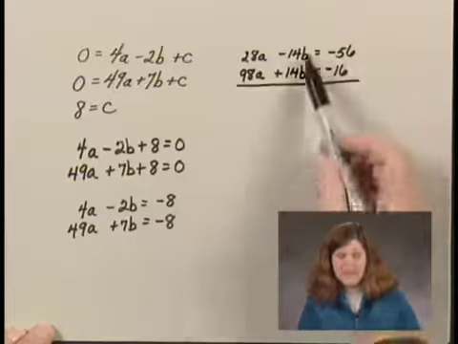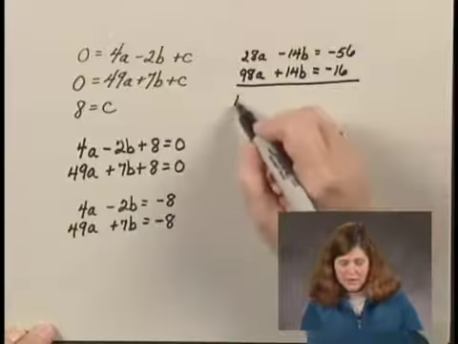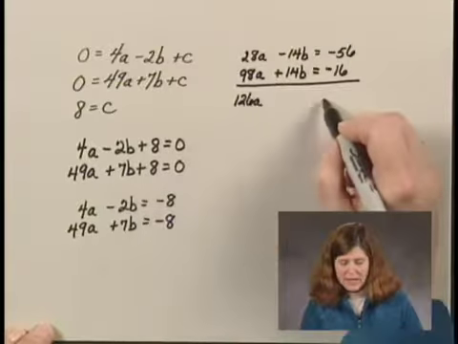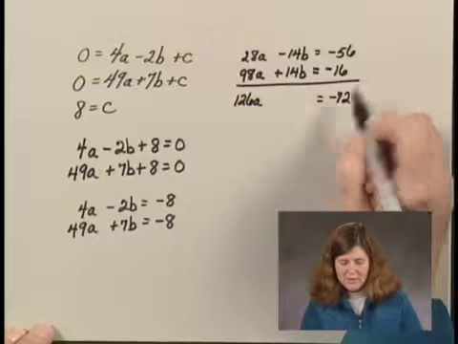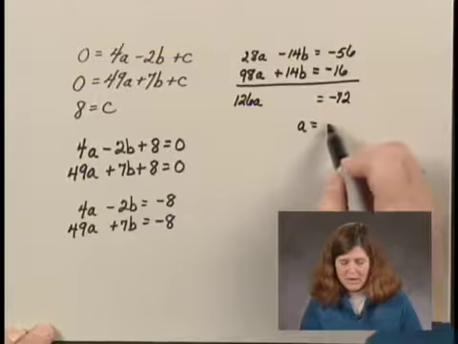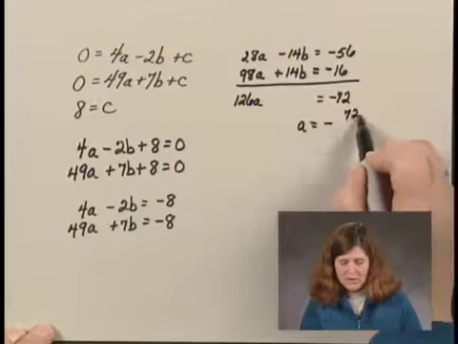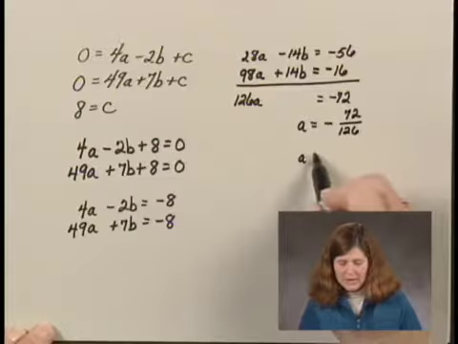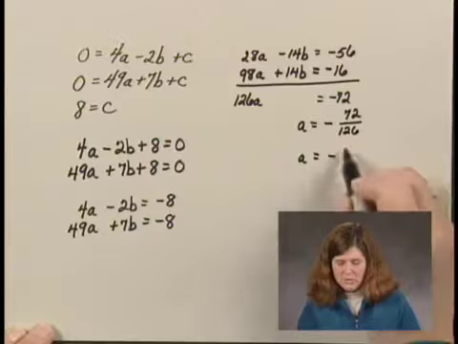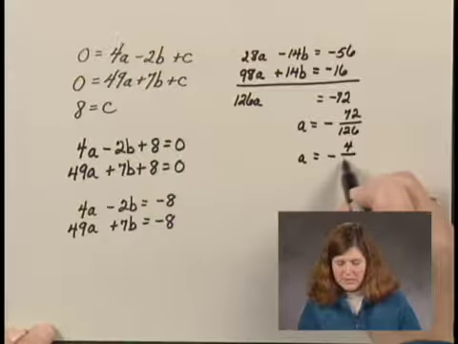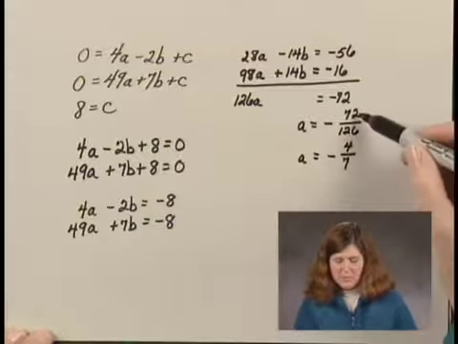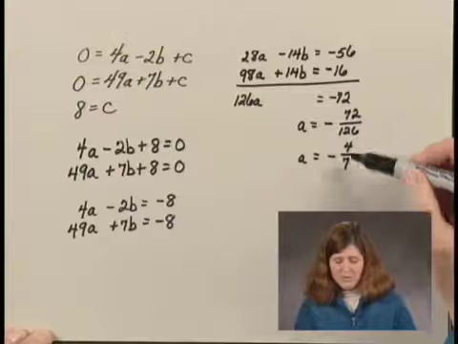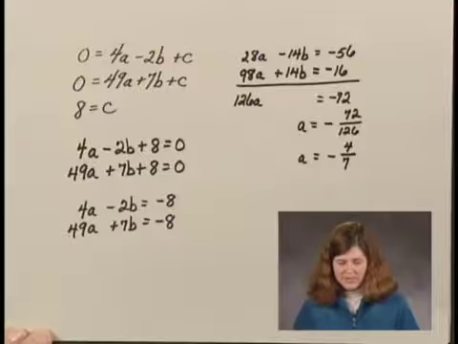And when I add, the b terms are eliminated, and I have 126a = -72. So a equals -72 over 126, which simplifies to -4/7. I can divide both top and bottom by the same number and simplify to -4/7.